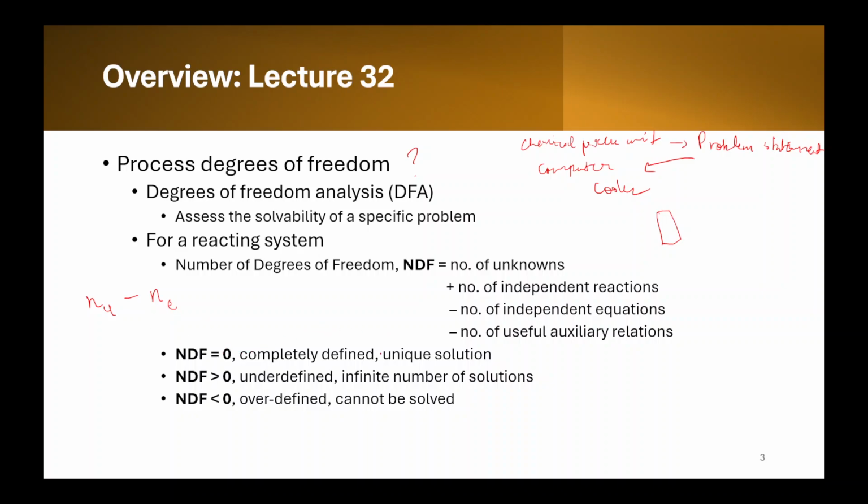So the system is completely defined and you will have a unique solution, just one solution for that problem statement.